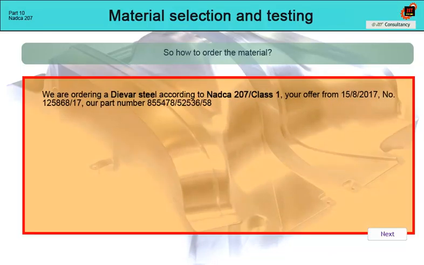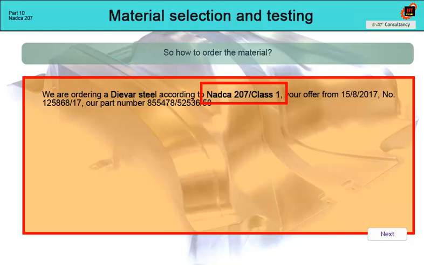For practical purposes, however, it is necessary to state that the most important information on the order is a reference to the NADCA 207 specification. This reference makes the parameters according to NADCA 207 binding on the steel supplier as part of the material purchase contract.